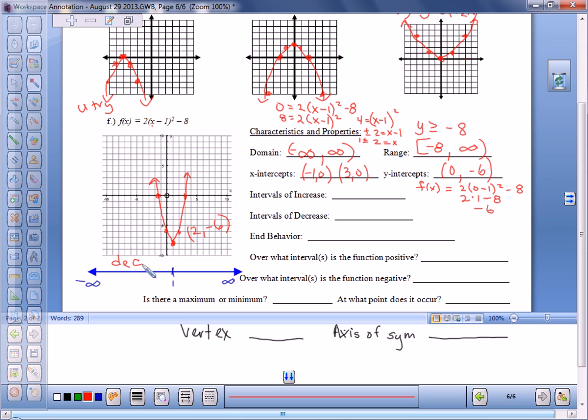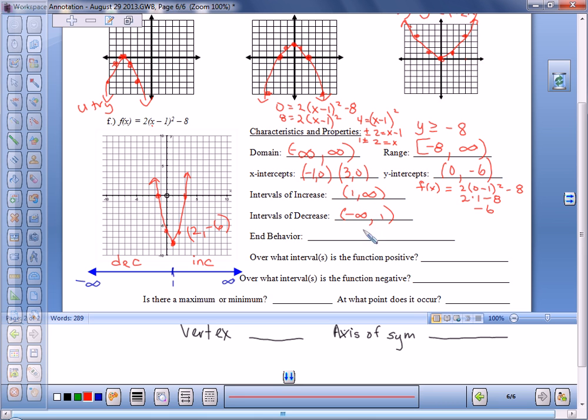So there is a decreasing interval from negative infinity to 1, and then it increases from 1 to infinity. And we're talking about what happens as we travel from left to right, so we have to use our x's, don't we? Because the increasing and decreasing is describing the up and down, the y part.